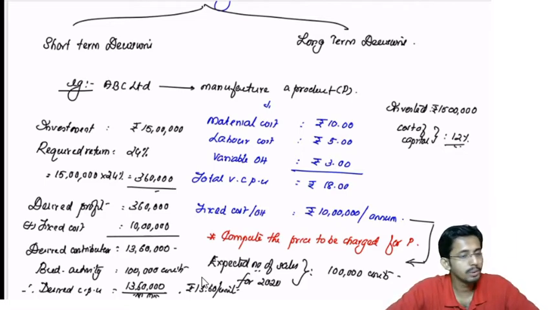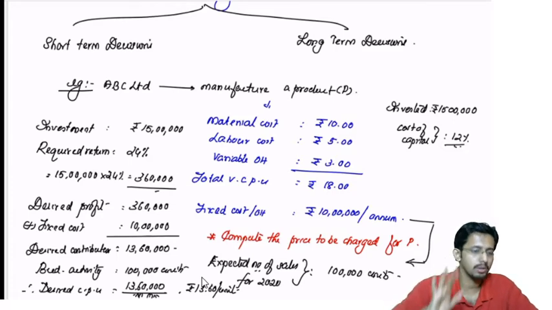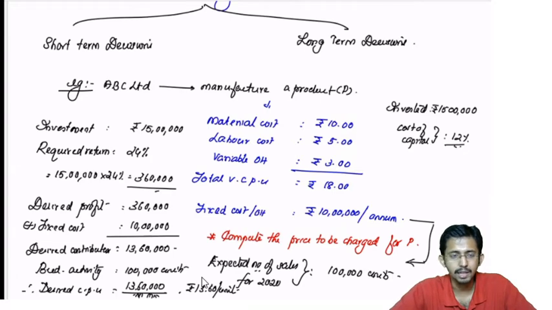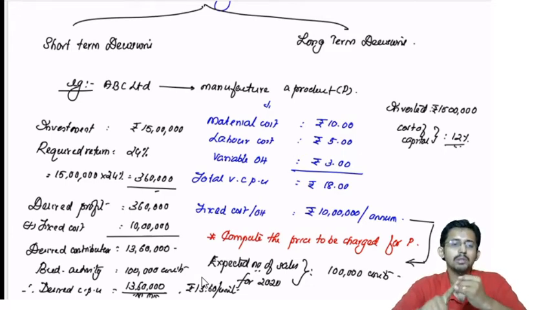Am I right? So you need to recover each and every cost. You can't avoid any fixed cost from the pricing. Is it clear? So the point to be taken home is whenever you price a particular product, you have to consider the entire cost. The entire cost, whether it is fixed cost or variable cost or any other cost.